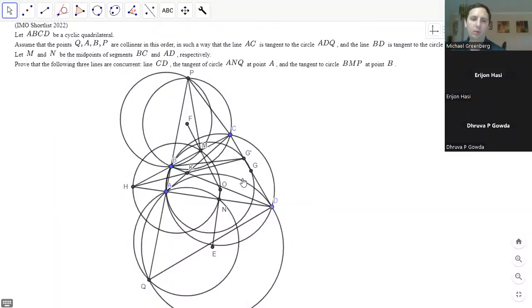I think once you define G prime to be the intersection of HK, you can use harmonics to show that this is cyclic. Because if you let AB and CD meet at a point, I think you can use harmonics to show that this is cyclic right here. And then from there, maybe the angle chase is easier.